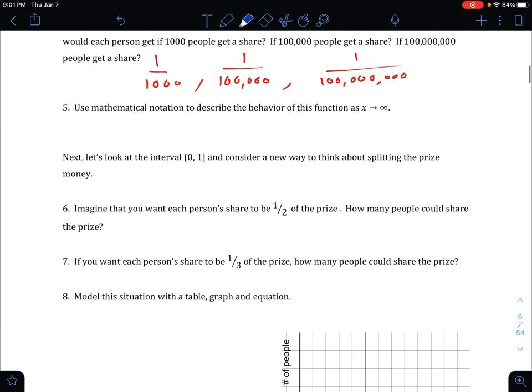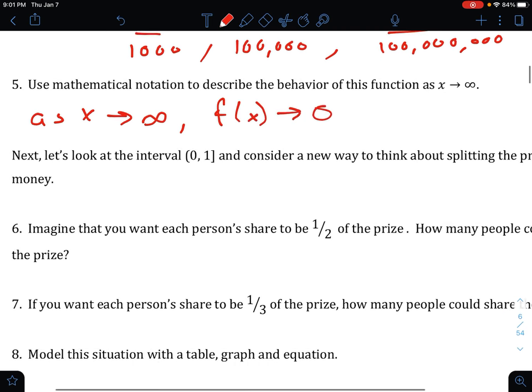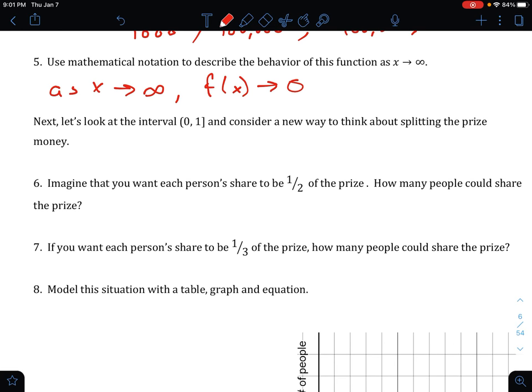It's never actually going to reach 0, but it's approaching 0. Okay, so your notation for this would be as x approaches infinity, f of x approaches 0.